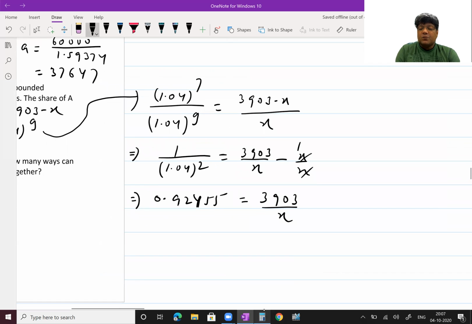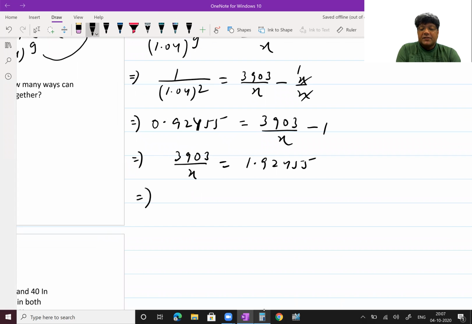So guys, this 1, if we go to that side, it will be 1.92455. Okay, you'll not understand, leave here. Minus 1. Now shift this 1 to this side. So it is 3903 by x is equal to 1 plus that, that is 1.92455.